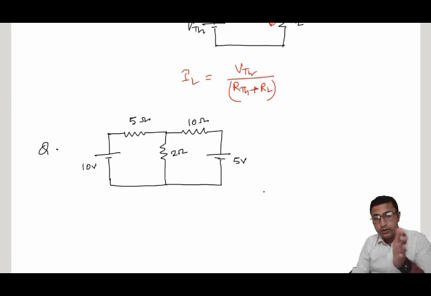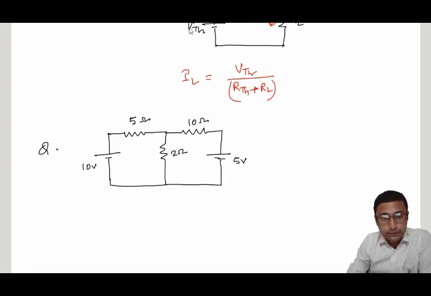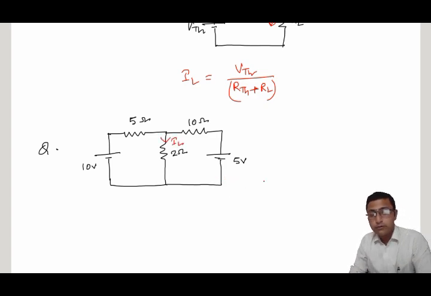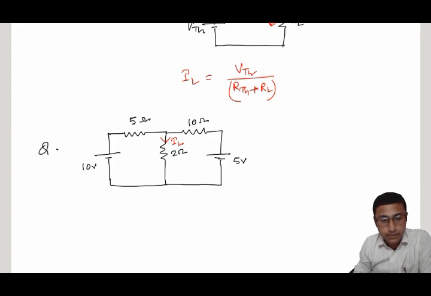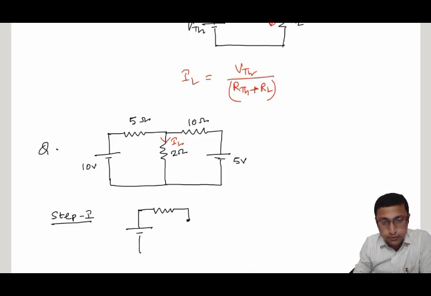To solve this, first you have to remove the load resistance. Here I have to measure the current through this 2 ohm resistance, so the 2 ohm in the problem is the load resistance. Following step 1, if we redraw the circuit, the 2 ohm is replaced by an open circuit.